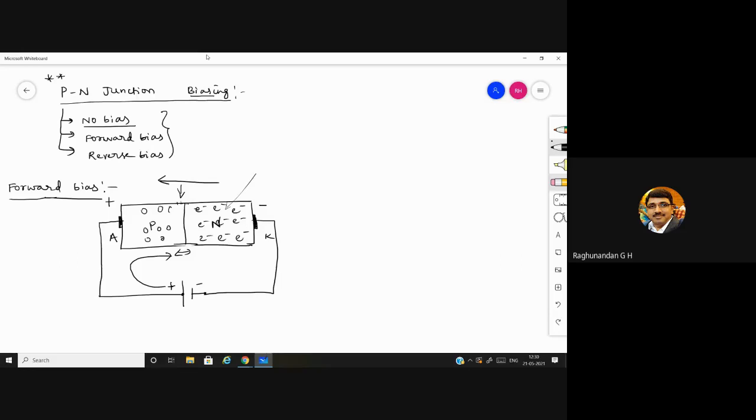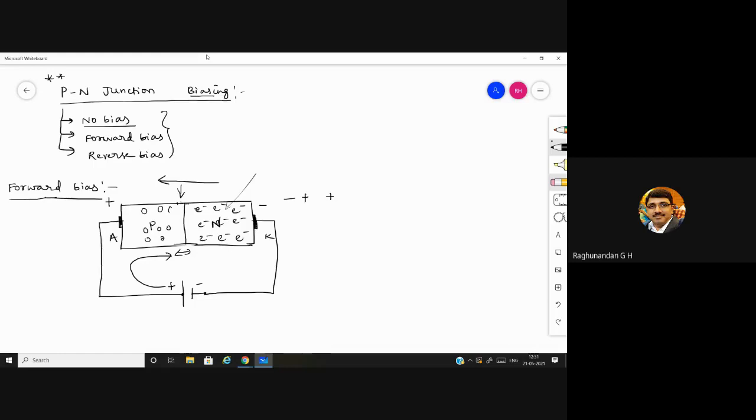Now in forward bias, the positive terminal is connected to the P layer and the negative terminal is connected to the N layer. Positive is connected to the layer where you have holes. What happens for positive charges if you are trying to attract them?